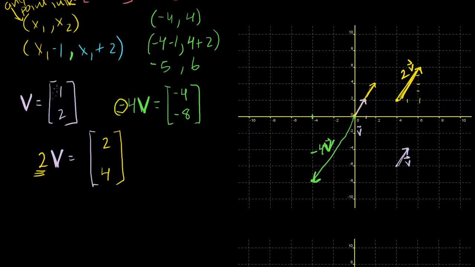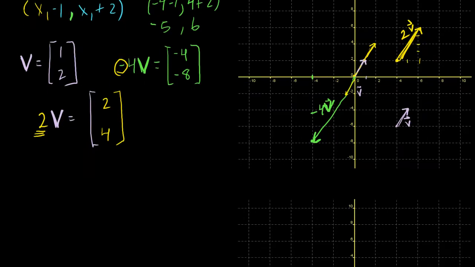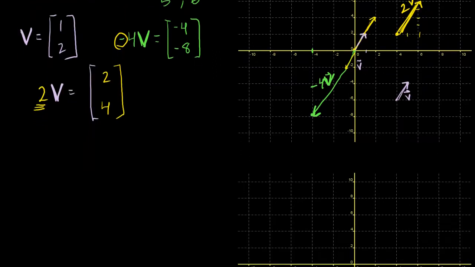If we just multiplied negative 1 times this, we would have just flipped around to right there. But we multiplied it by negative 4. So we scale it by 4, so you make it 4 times as long, and then it's negative, so it flips backwards. Now that we have that notion, we can start understanding the idea of subtracting vectors. Let me make up two new vectors right now.